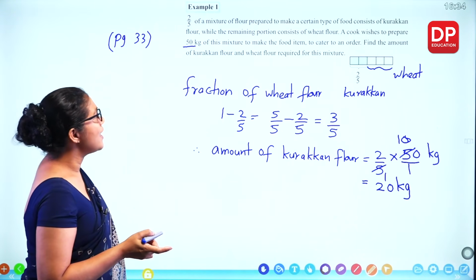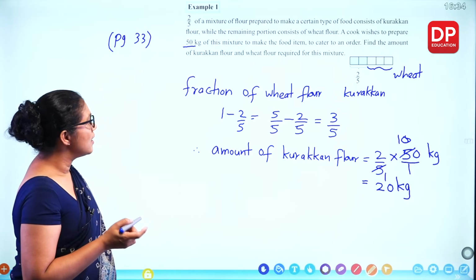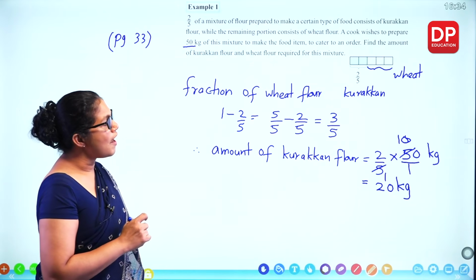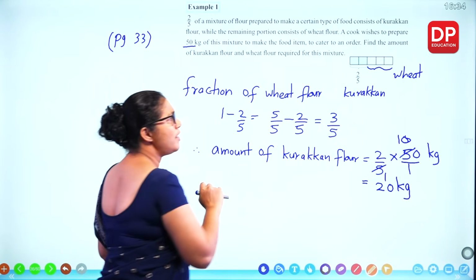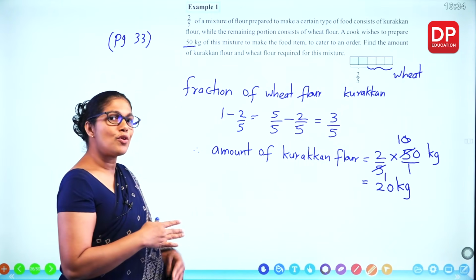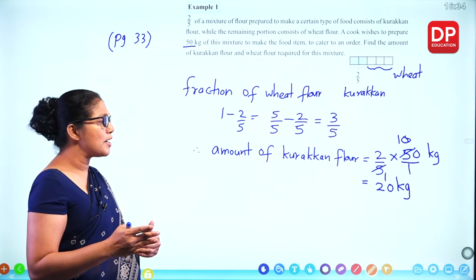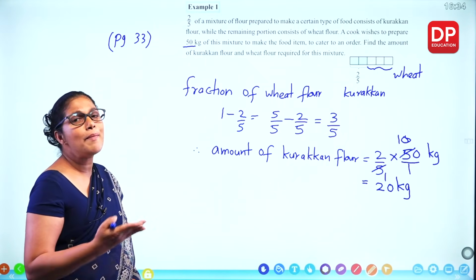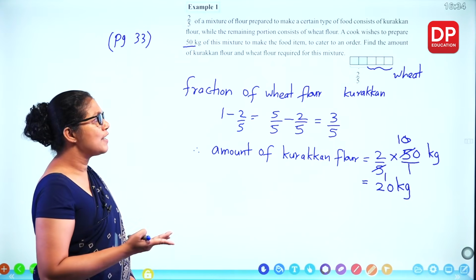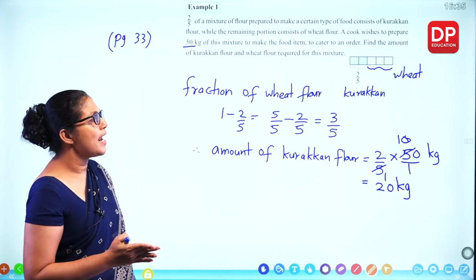Now to find out the amount of wheat flour, you can use either the fraction you found, or straight away, the whole mixture is 50 kilograms. You have 20 kilos of Kurakan, so the remaining part should be wheat flour. Both ways you can do.